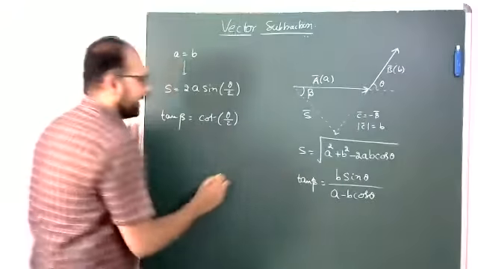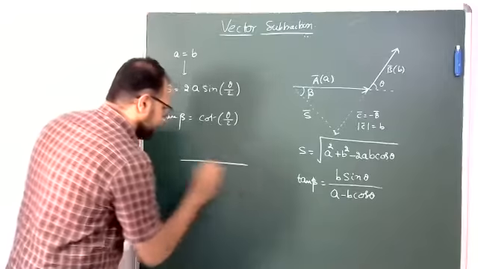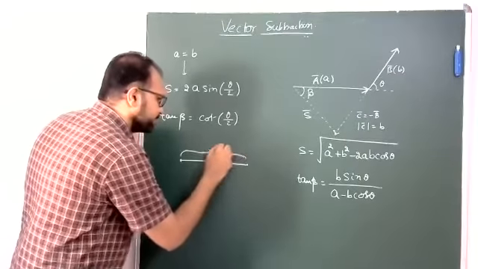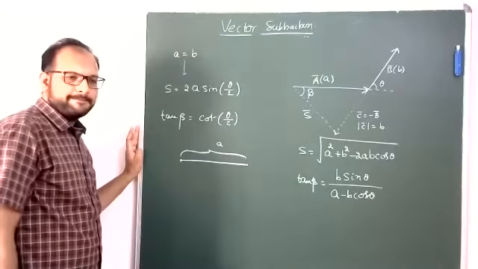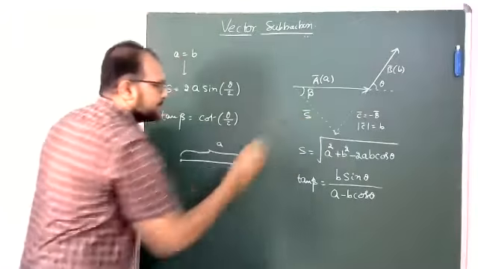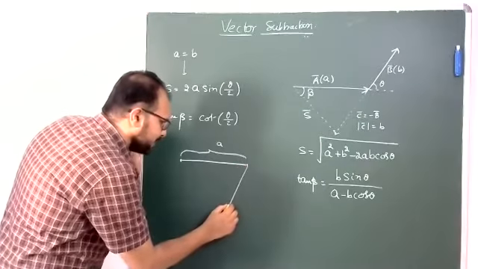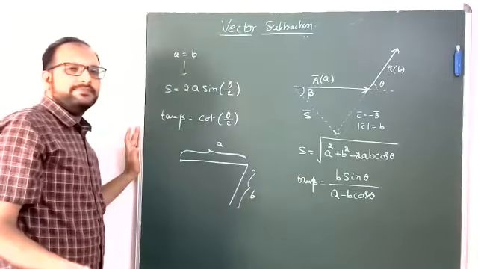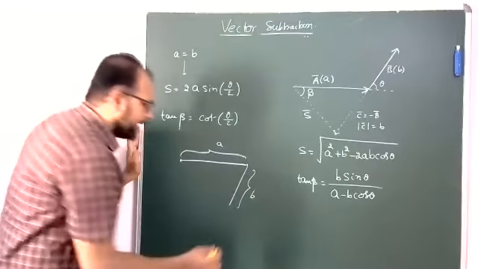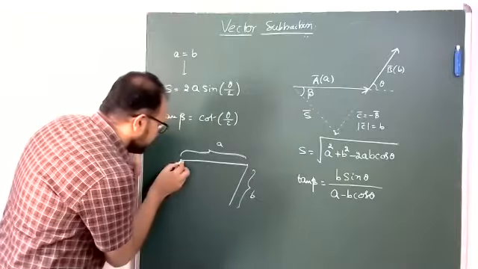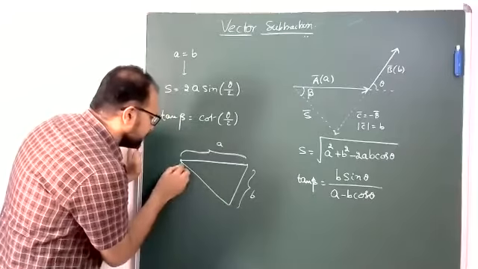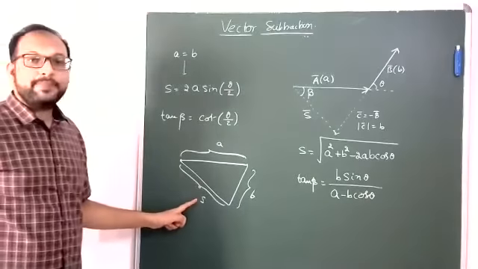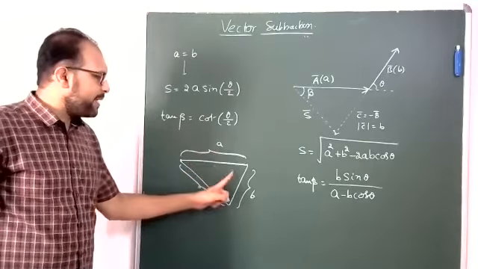See, from here to here this total distance is A. This is minus B bar, meaning from here to here the magnitude is B. Now this is your S. S is the subtraction of two vectors, that is A bar minus B bar.